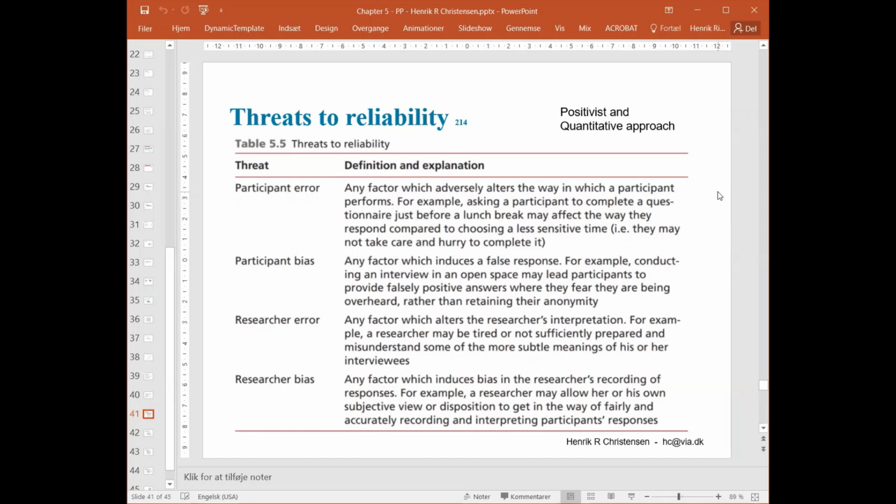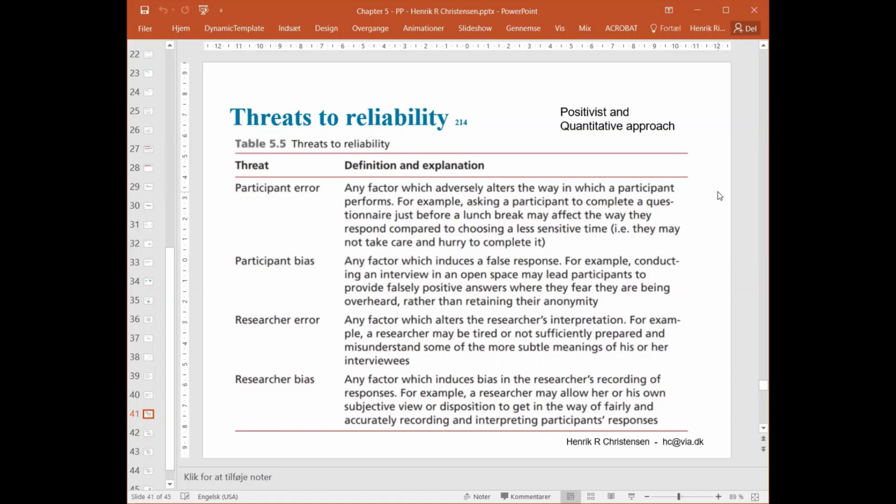So the participants, they can actually do things. When it says here, for example, asking a participant to complete a questionnaire just before lunch break may affect the way they respond compared to choosing a less sensitive time. So it's about the participant is not answering in the most appropriate way because that participant might be hungry.